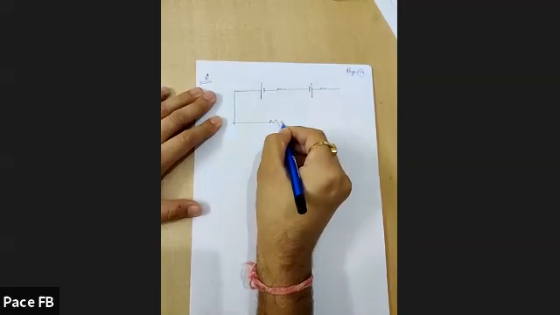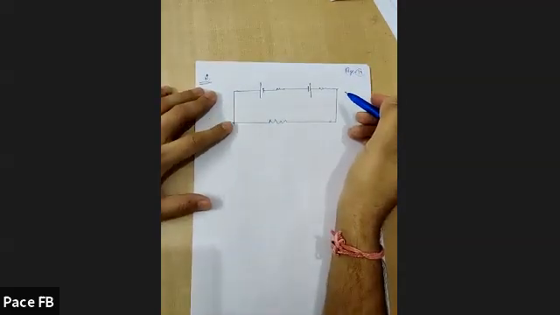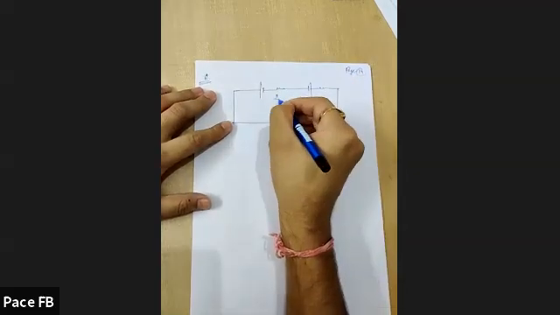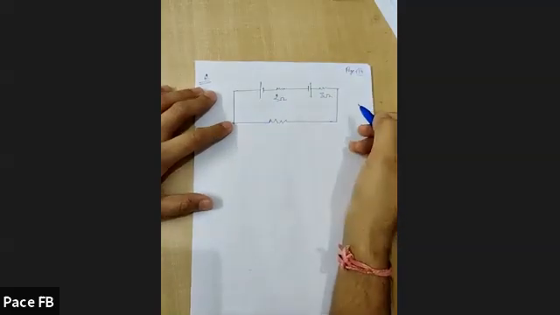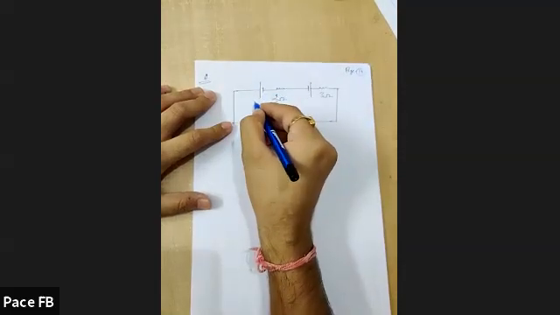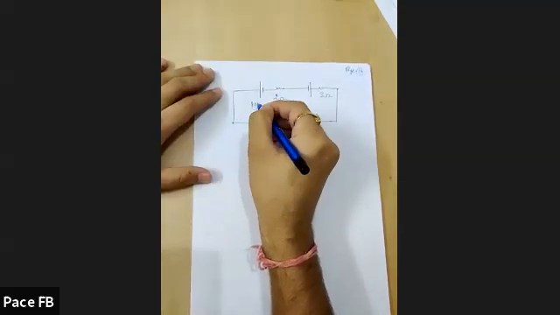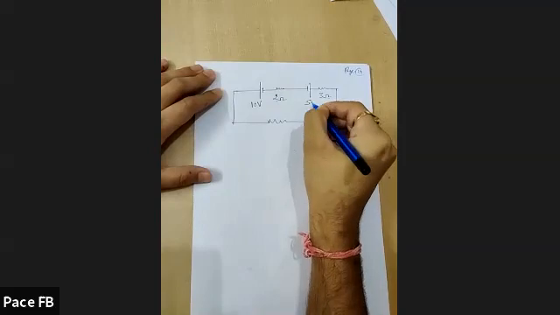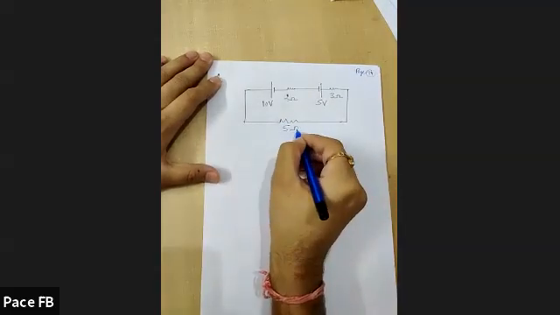And this is connected with some external resistance. The internal resistance is 2 ohm, and this one is 3 ohm. This one is 10 volt and this one is 5 volt. Now this is the circuit, and this external resistance is given as 5 ohm.